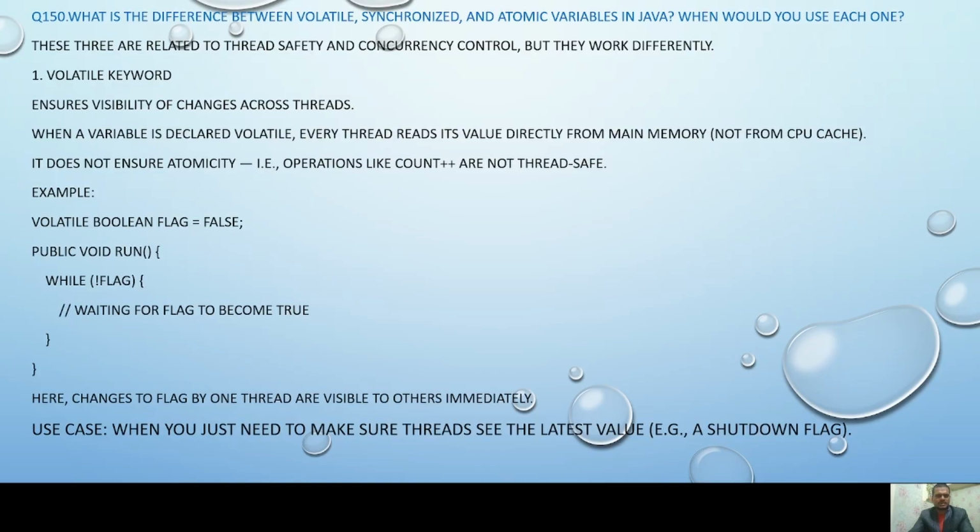It does not ensure atomicity, that is, operations like count++ are not thread safe. Example: volatile boolean flag = false; public void run, while not flag, wait for flag to become true. Here, changes to flag by one thread are visible to others immediately. Use case: when you just need to make sure threads see the latest value, that is a shutdown flag.